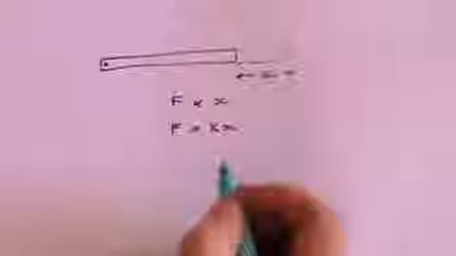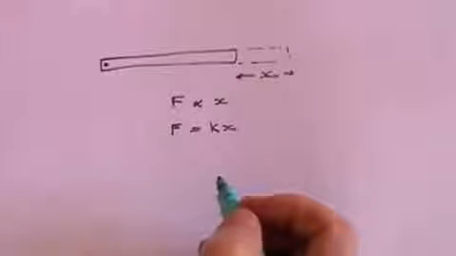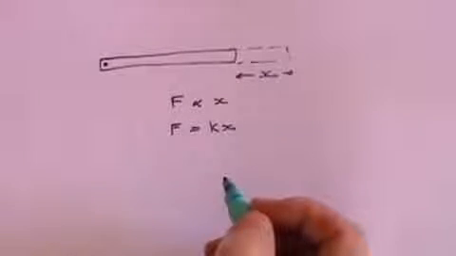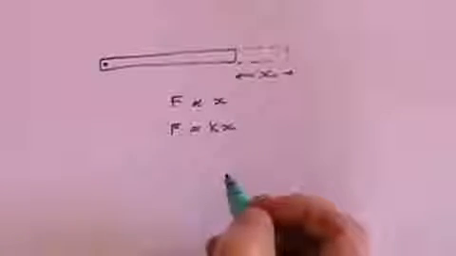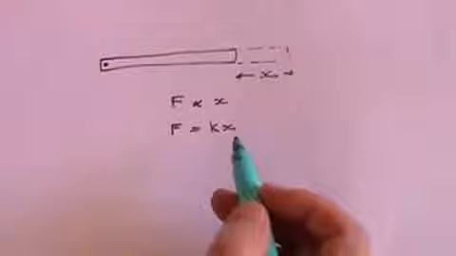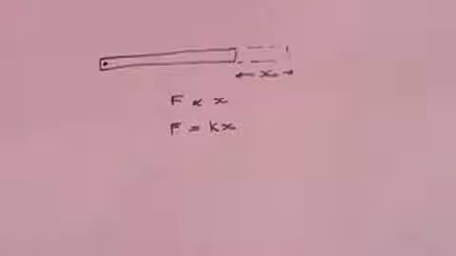Some constant times x, where k is what's called the spring constant, or sometimes it's called the stiffness constant. And it doesn't only apply to elastic, it can apply, for example, to wire, or, as we shall see, to springs.